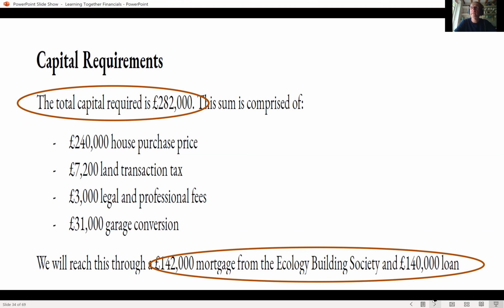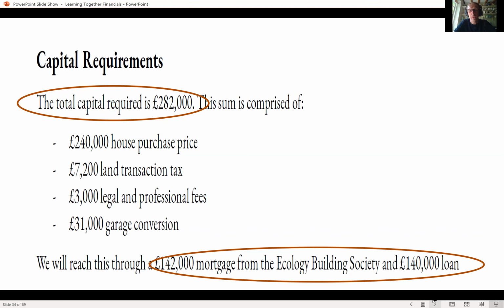And there's quite a complicated process going through looking at the different elements of their rental income, how much they can afford to pay in rent every month, and how much they'll have to pay back in different interest rates from the Ecology Building Society.